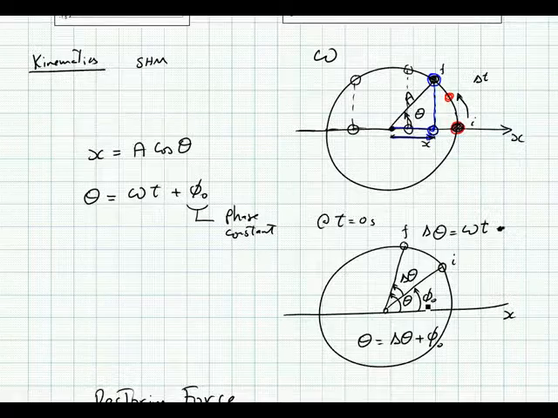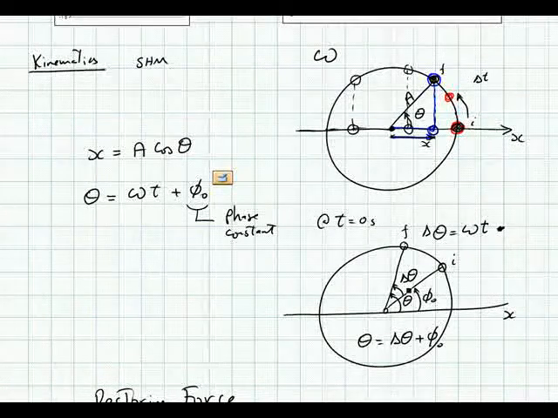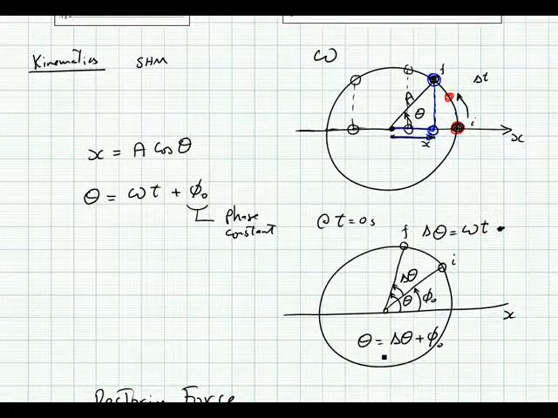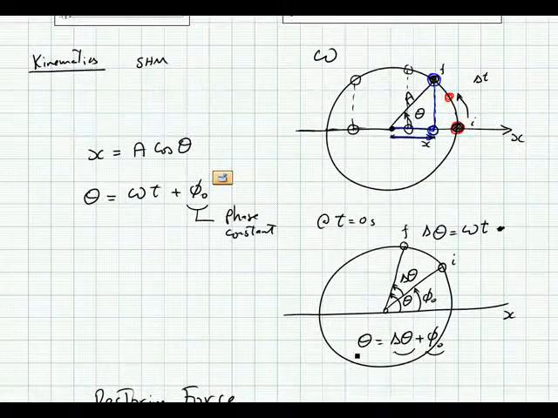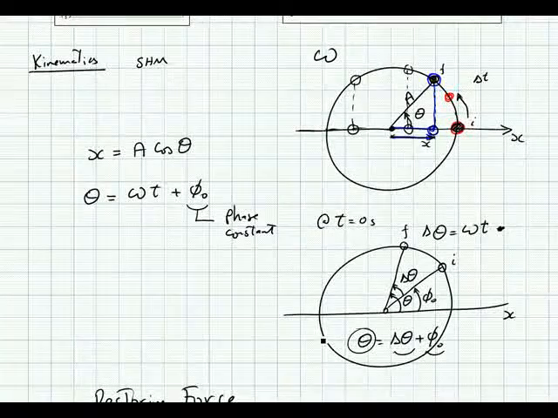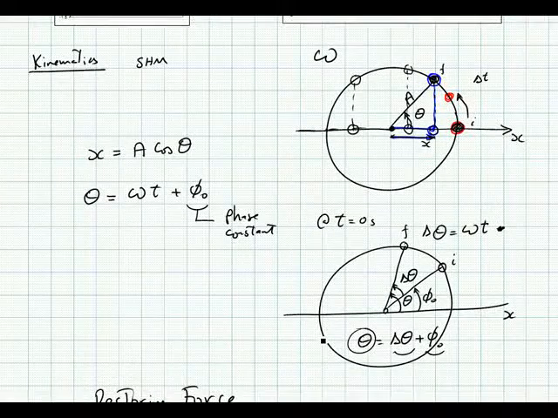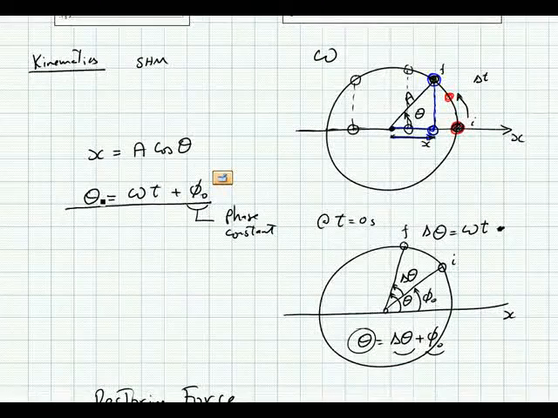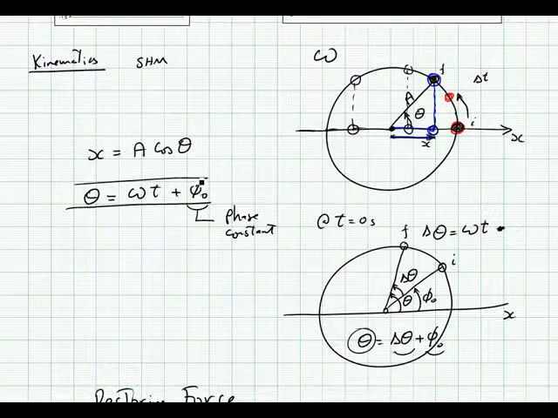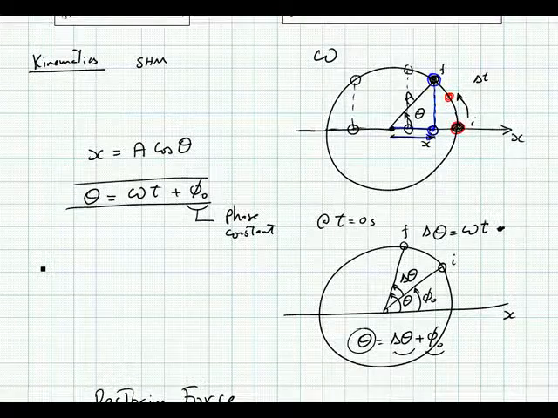So phi naught is the initial position of the object, delta theta is the angular displacement. So initial position plus angular displacement gives us our final position, of course. So in general terms, theta is equal to omega t plus phi naught.